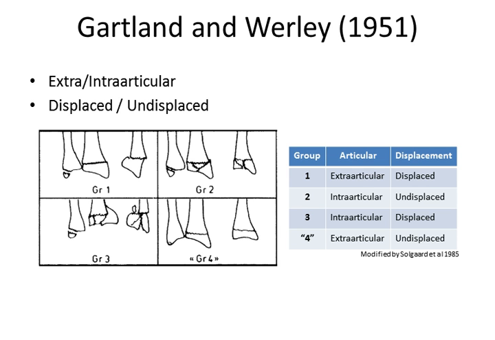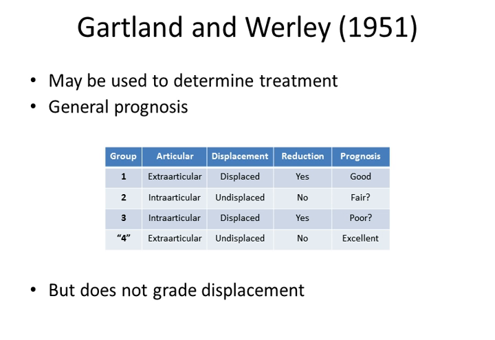Actually, by right, you should move it up on top, maybe a group 0. But now you have a group 4 that is actually better than a group 1. So this is the Gartland and Werley. Conceptually, you can use it to determine treatment and also to prognosticate to some extent, very roughly. As you know, any fracture that is displaced, you need to have reduction.